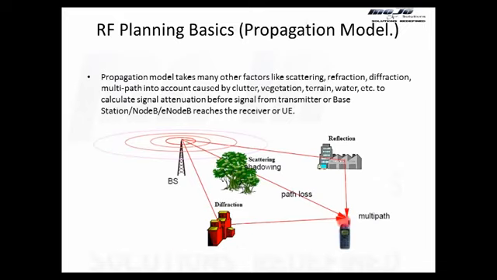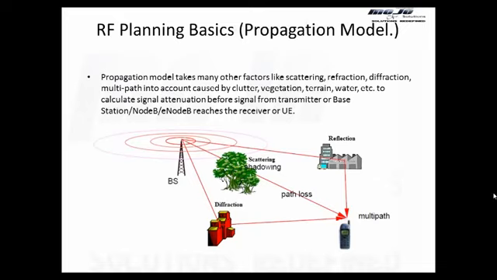So a signal is propagating from the transmitter to the UE on multipaths, and this phenomenon itself is called propagation of a signal. Okay, propagation of a signal from a base station to the UE. Does any of you have any questions so far? Feel free to type it in.